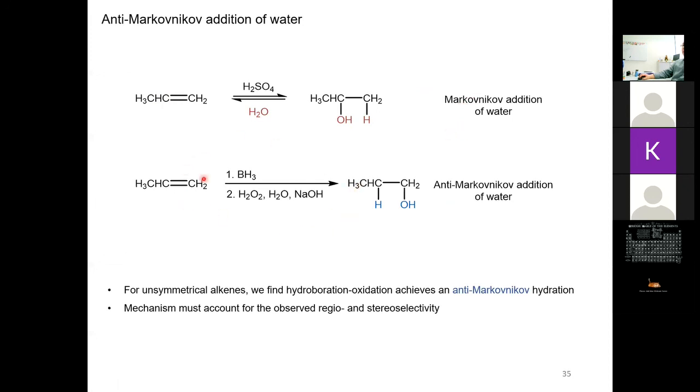But if you go through a hydroboration-oxidation sequence of this unsymmetrical double bond, you get an anti-Markovnikov addition. So the H goes to the carbon with less H, and the oxygen goes to the less crowded carbon. That is totally different from the normal Markovnikov addition of water, right? So the mechanism of hydroboration-oxidation enables this type of anti-Markovnikov selectivity.